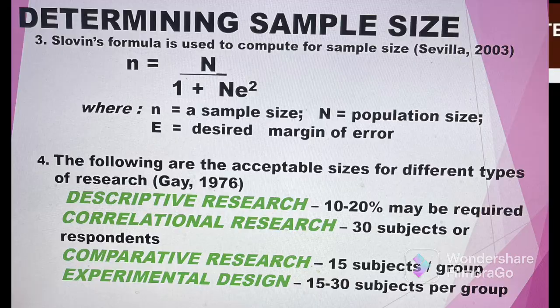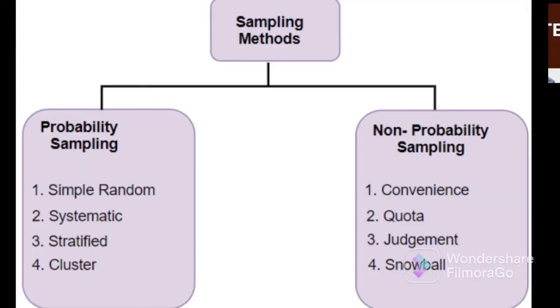Now, there are kinds of sampling according to Beck 2004. And these are the two major kinds of sampling, as I already mentioned in my previous discussion. We have the probability sampling, and we have also the non-probability sampling.